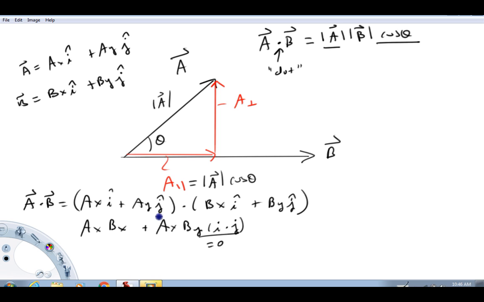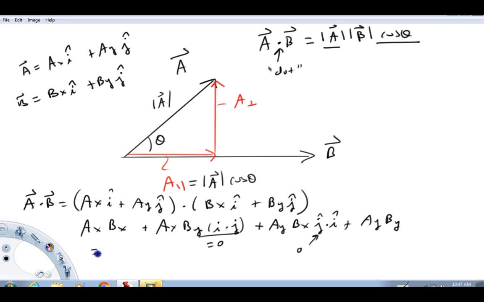In fact, the j dot i term is also going to give us 0. I'll go ahead and write that out, AY BX j dot i, but again, that thing right there is 0. And the very last term, AY j dot BY j, is going to give us AY BY, and again, j dot j is 1, similar to i dot i.